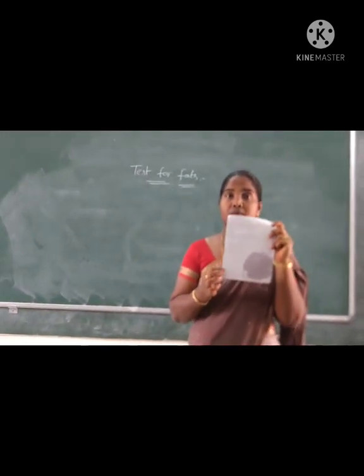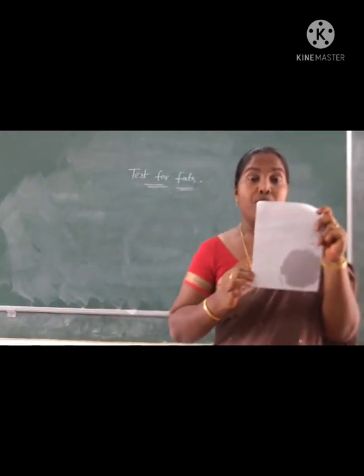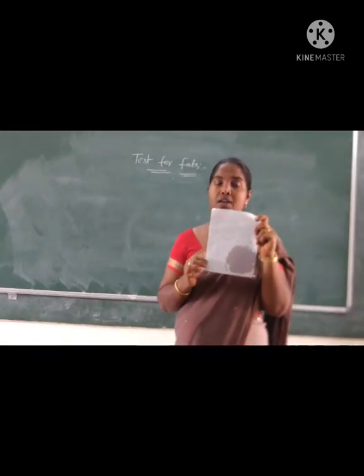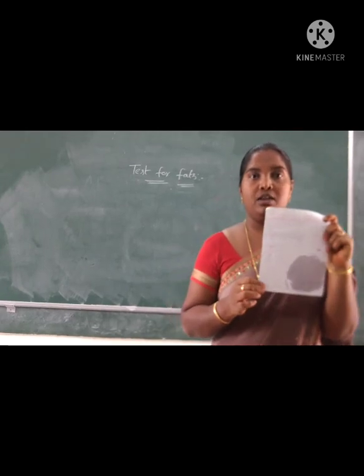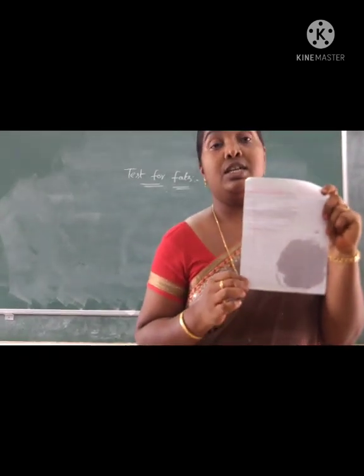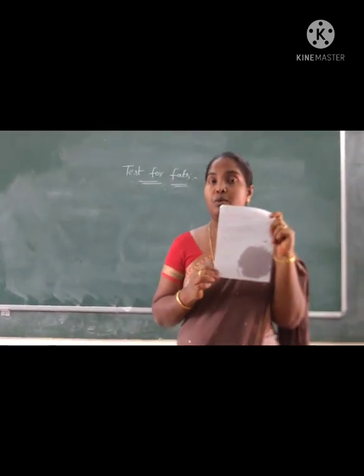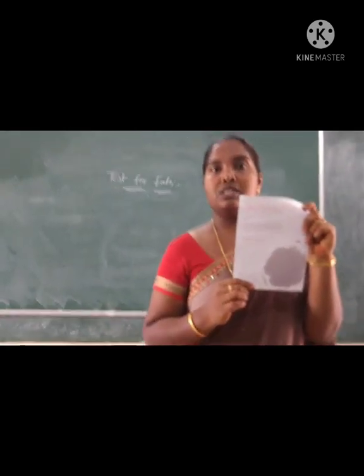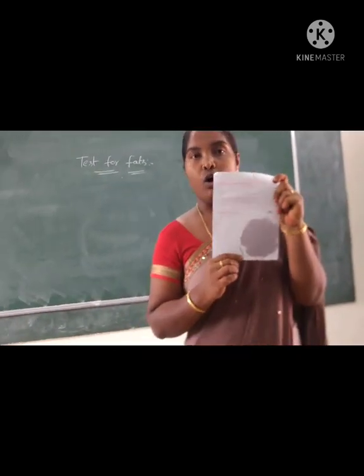When the paper turns translucent, it contains fat. Which material turns the paper translucent? Oil.